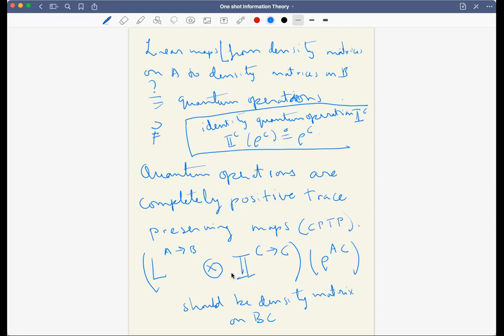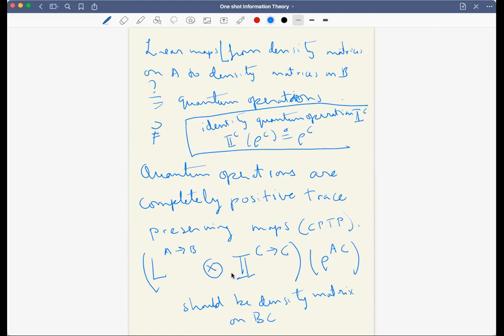They have some understanding that if you don't have linearity, then the physical laws apparently become really weird. So if you need reasonable physical laws, then you need linearity. That's one answer. Then the question is, why do you need positive, trace preserving?